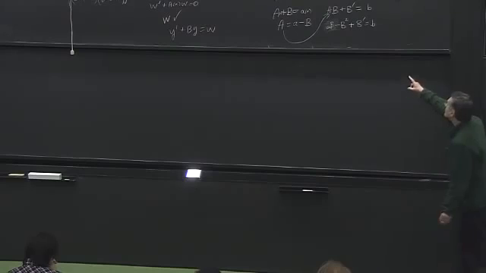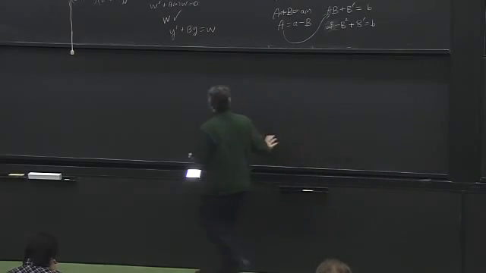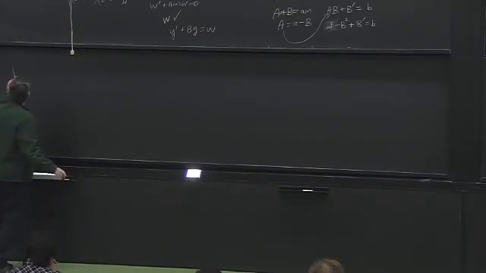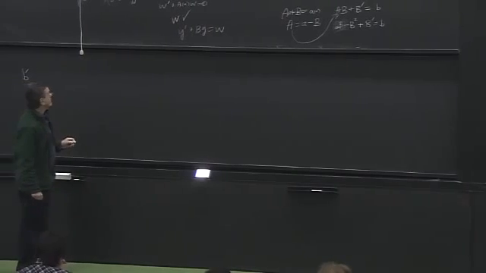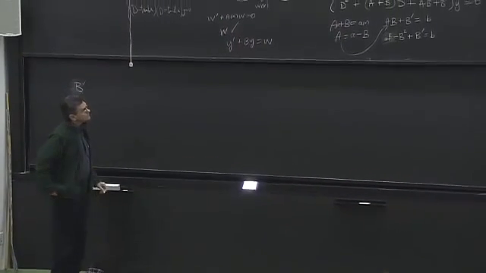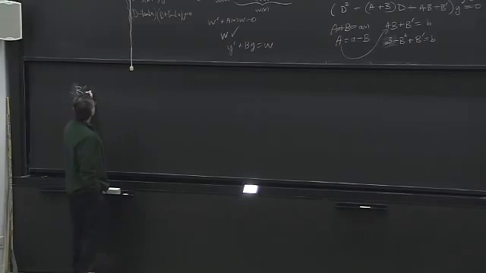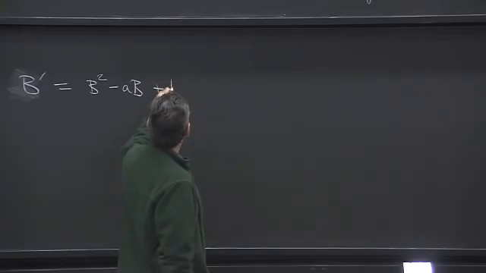Okay. So now, what do we do here? This equation, let's rewrite it. This equation is capital B prime, and let's put everything on the other side. B prime is equal to b squared minus ab plus b.